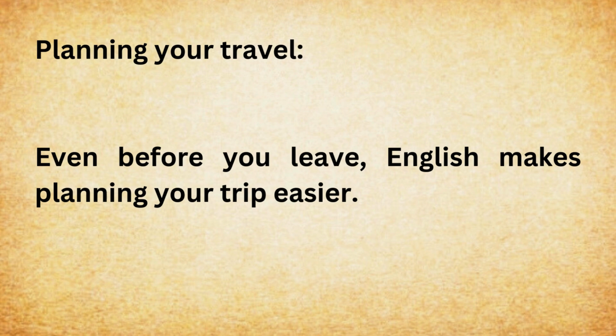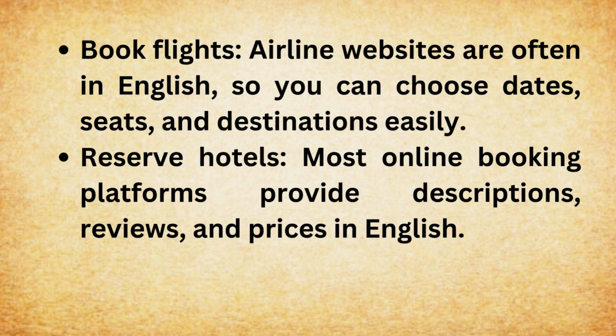Planning your travel. Even before you leave, English makes planning your trip easier. Book flights. Airline websites are often in English, so you can choose dates, seats, and destinations easily. Reserve hotels. Most online booking platforms provide descriptions, reviews, and prices in English.